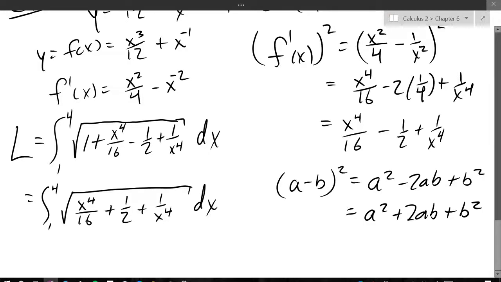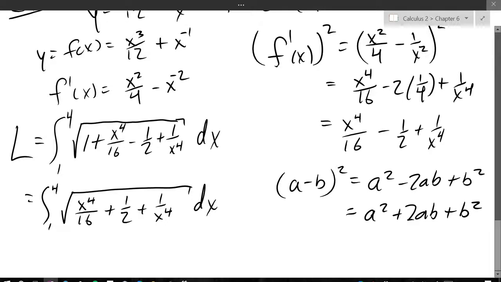You have the skills to factor this. Come on, algebra 1 question. A plus b squared. Right?